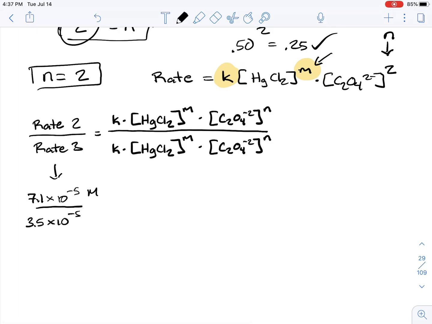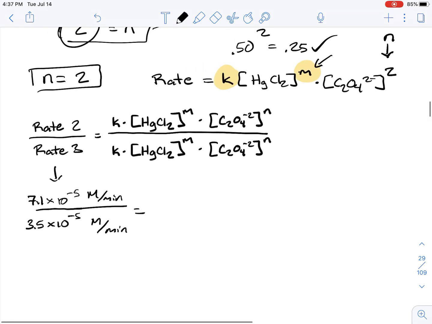Molarity per minute. And we know that the rate constant K is going to be the same if we're running this experiment under the same temperature, so we can go ahead and cancel that for now. That's going to leave us with just mercury 2 chloride and oxalate.